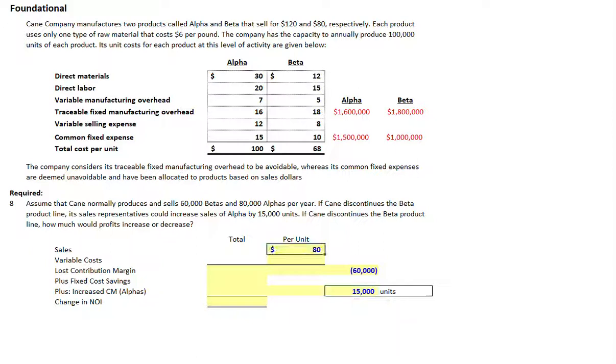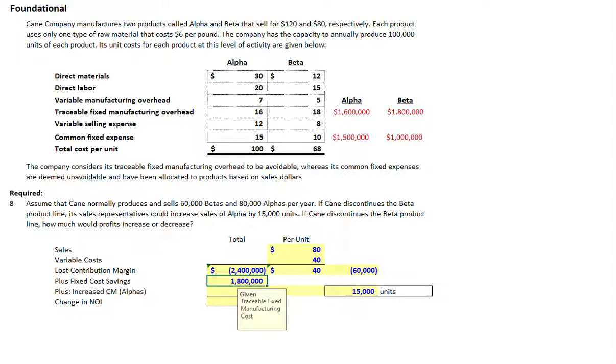Our normal selling price for betas is $80 per unit. Our variable cost, $40, which means we have a $40 contribution margin. And if we discontinue betas, we will give up $2.4 million in total contribution. But we'll have some savings in fixed costs. We'll be able to eliminate our traceable fixed cost of $1.8 million for betas.